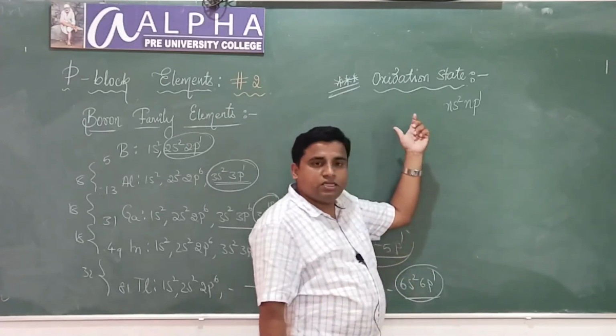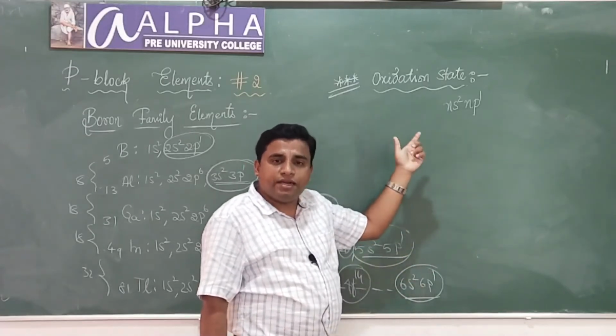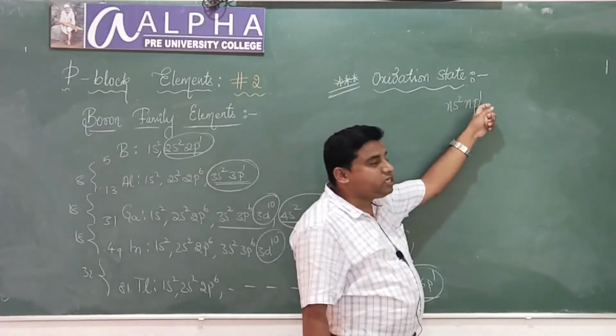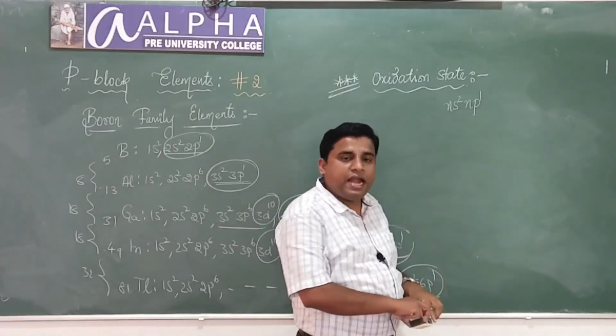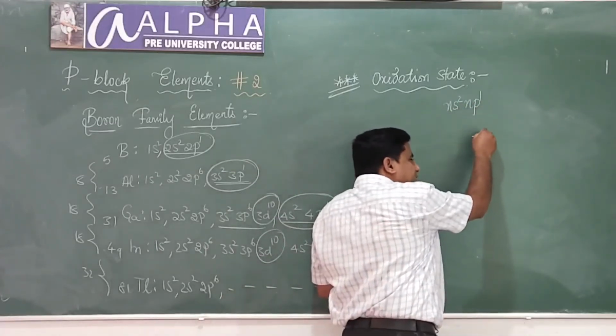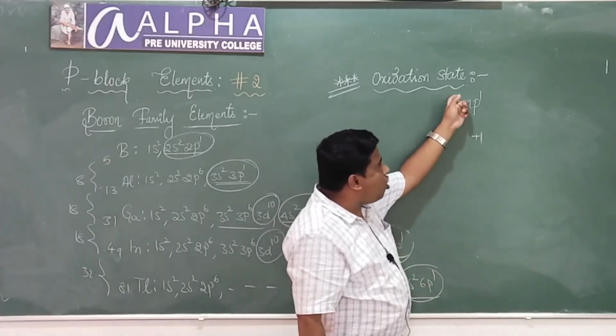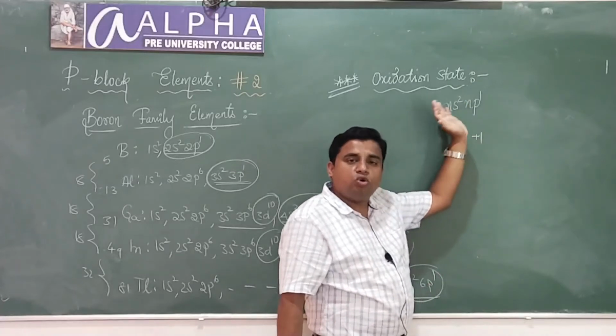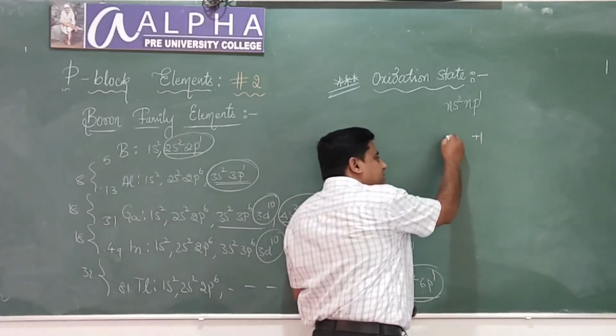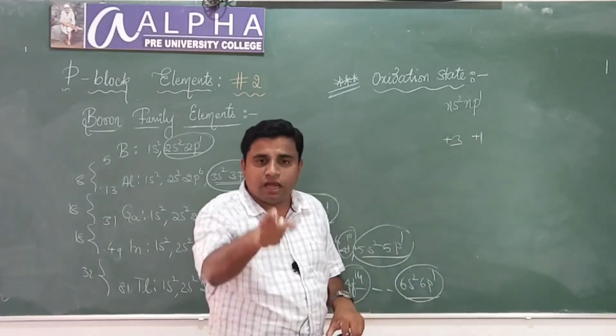That means the boron family elements can lose this outer p electron and exhibit +1 oxidation state, or else they can lose all the 3 electrons of the outermost shell and exhibit +3 oxidation state. Are you getting my point?